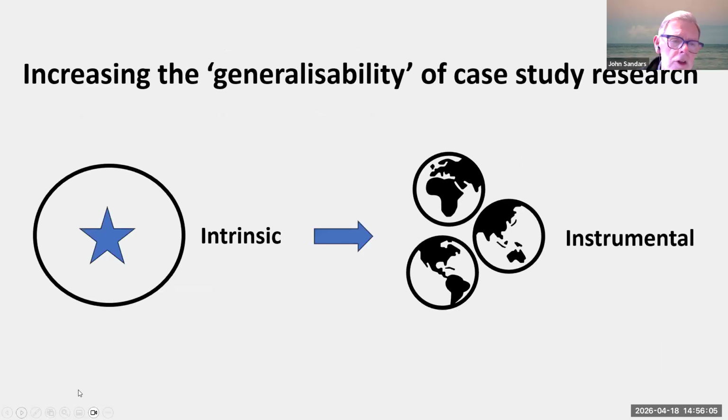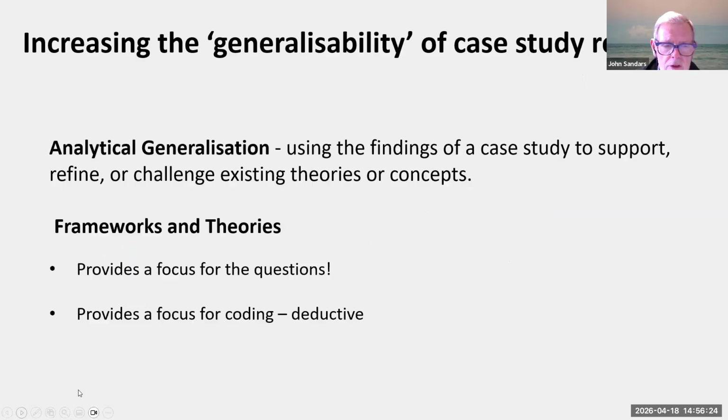And what we need to do also is to move from an intrinsic case study, which we've just described, so you've got a rich understanding of one particular case, to what's called an instrumental case study, where you can apply it into other contexts.